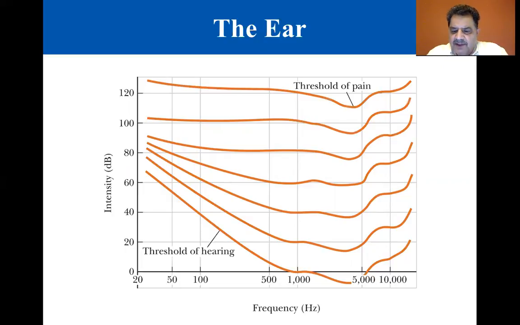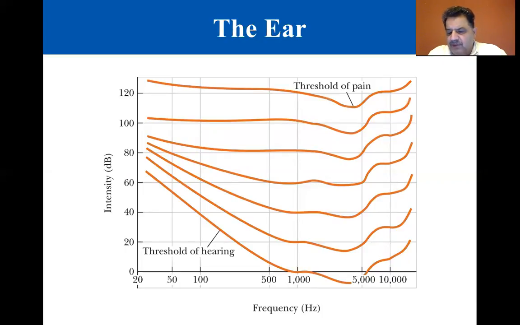Let's take a look at the intensity level on the vertical axis for the two frequencies, 100 hertz and 1000 hertz. The vertical axis shows that the 100 hertz sound must be about 38 dB greater than the 1000 hertz sound to be at the threshold of hearing, which means that the threshold of hearing is very strongly dependent on the frequency.